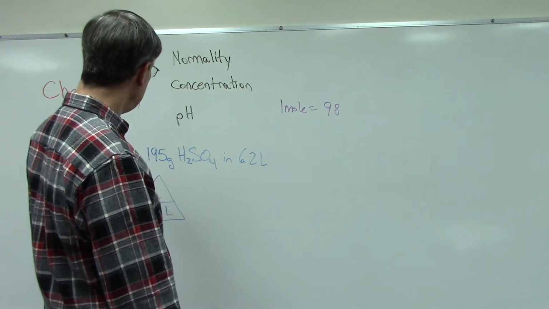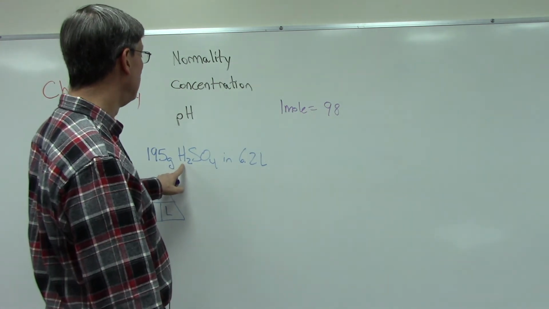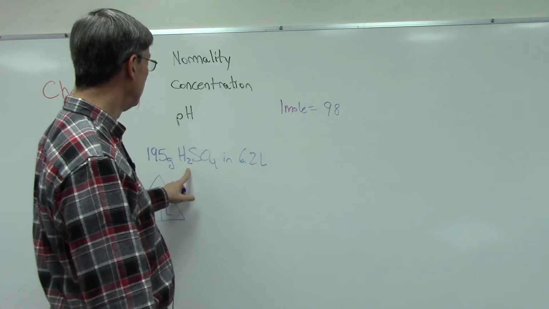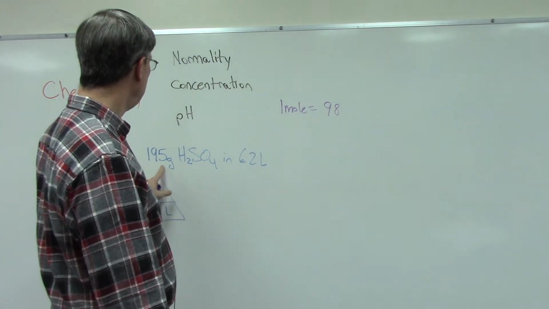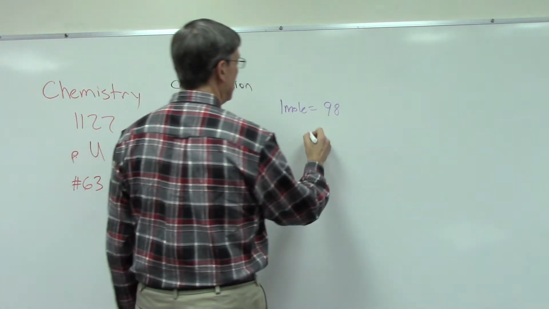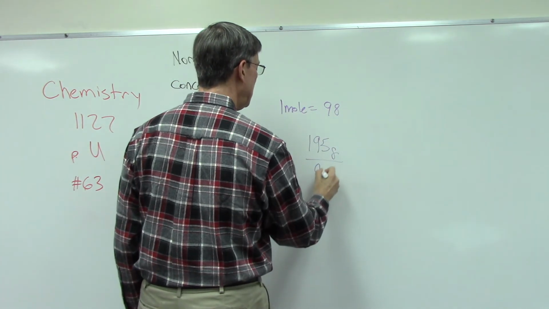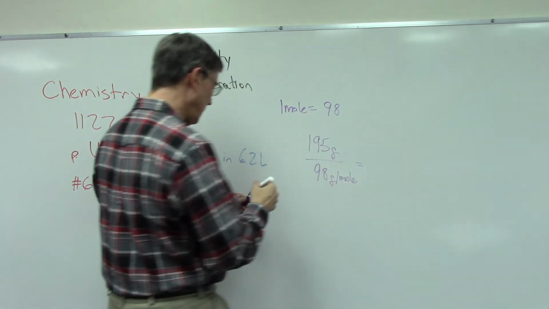Now, in H2SO4, we actually have 2 moles of hydrogen. Let's first figure out how many moles I have. All right, I have 195 grams of H2SO4, and there are 98 grams per mole. So how many moles would that be?